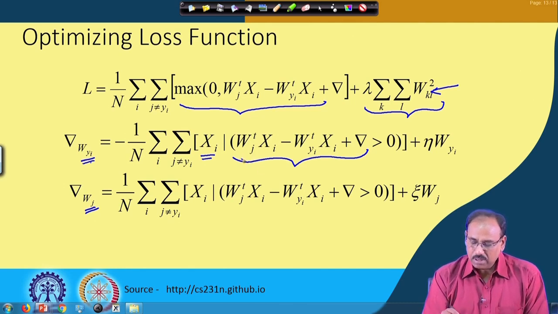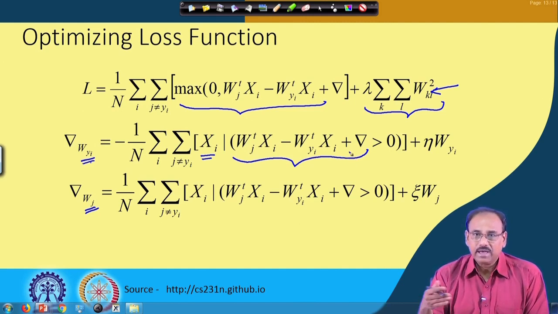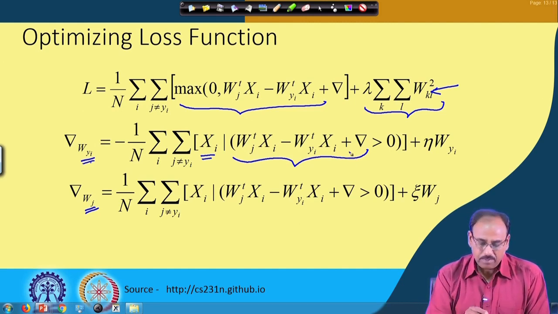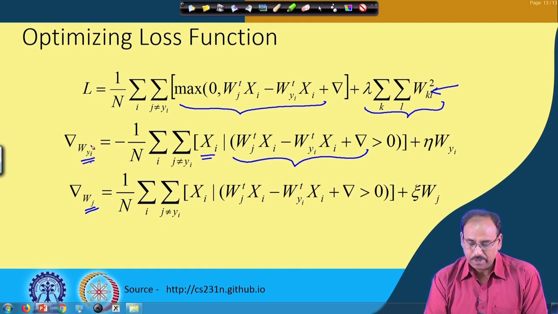In all the cases where Wj transpose xi minus Wi transpose xi plus delta is less than 0, the loss function was 0. So, those xi's are correctly classified by our W. In such cases, I need not modify the weight matrix W.